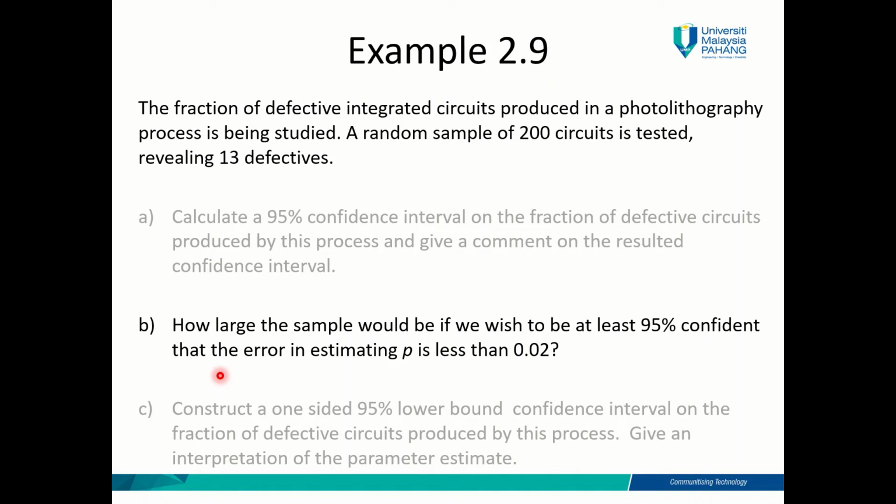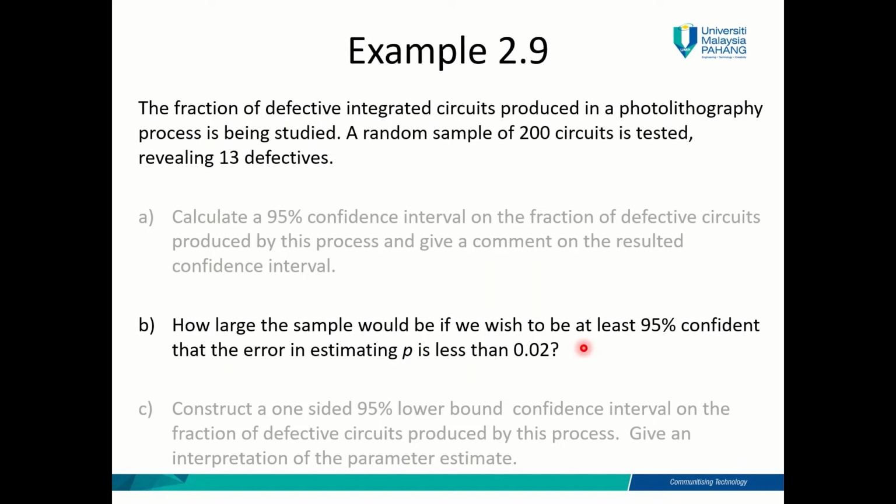The question is actually asking you about how large the sample would be. So this is asking you to calculate the sample size. What is the minimum sample size that you need to include in the study in order to get a confidence interval which has estimation error less than 0.02. So this is what the question is about.